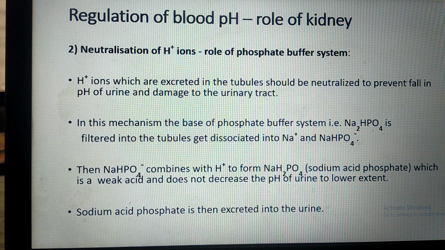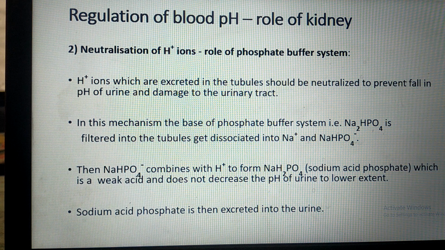This NaHPO4 anion combines with H plus ions to form NaH2PO4, sodium acid phosphate, which is a weak acid and does not decrease the pH of urine to a very large extent. Sodium acid phosphate is then excreted into the urine.